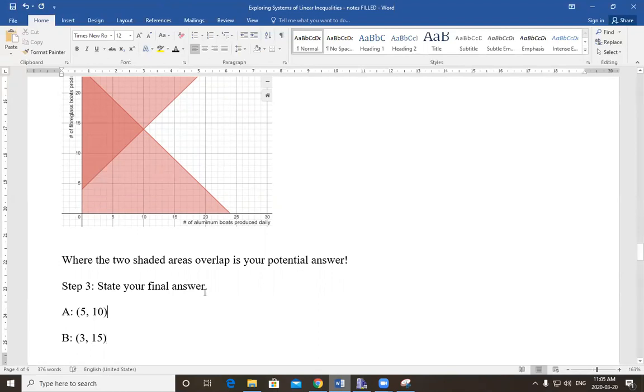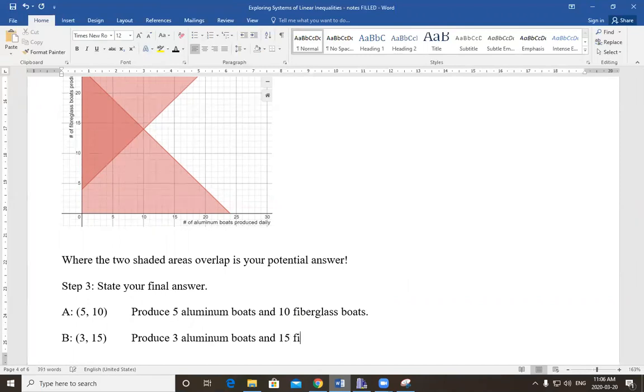So what this tells us then, point A, we could produce 5 aluminum boats and 10 fiberglass boats. And for this point, we could produce 3 aluminum boats and 15 fiberglass boats.